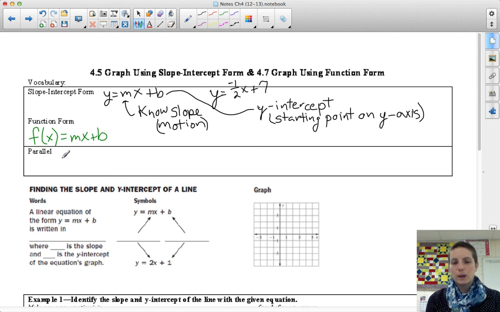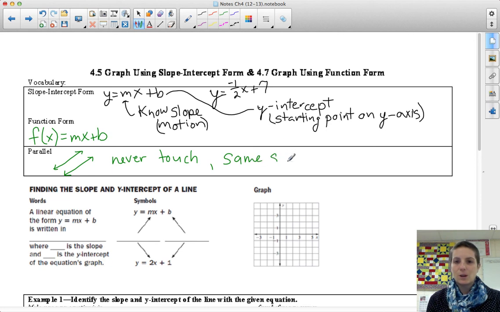Parallel lines are the last vocabulary word we need, and I'm going to go with a visual definition. Remember that parallel lines never touch, right? We have an idea of what parallel looks like. Parallel lines never touch, so that they have the same slope.